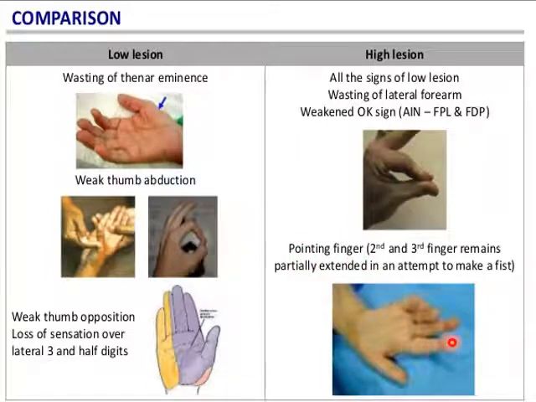That is, there is loss of flexion of the interphalangeal joints of the index finger, which is more pronounced because of the unopposed action of the extensor digitorum along with the extensor indicis as well. When a person is asked to make a fist, that will project as a pointing finger.